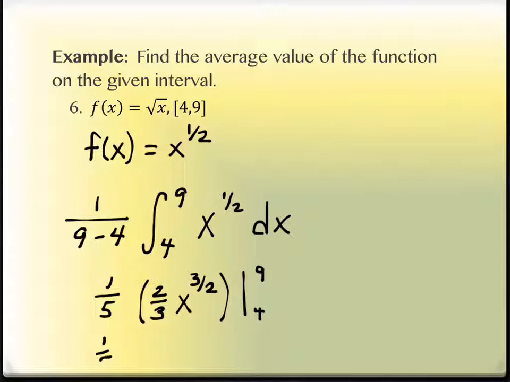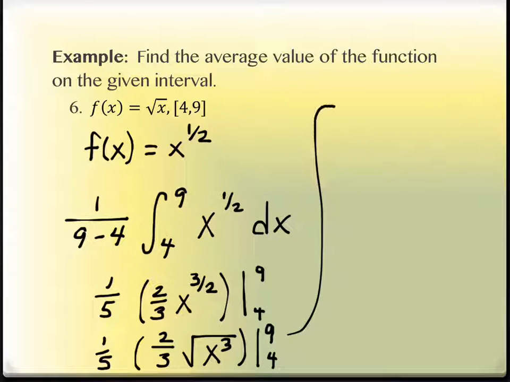If you'd like, it might even be more helpful to rewrite it back in radical notation. So this is the square root of x cubed evaluated from 4 to 9. You don't have to do that, but it is often easier to think about it that way, I think. Because the 1/5 and the 2/3, I can go ahead and simplify those to 2/15, I believe.